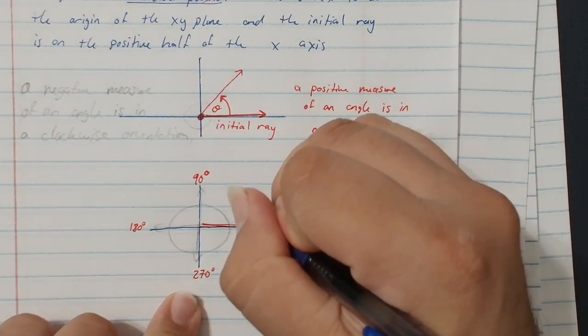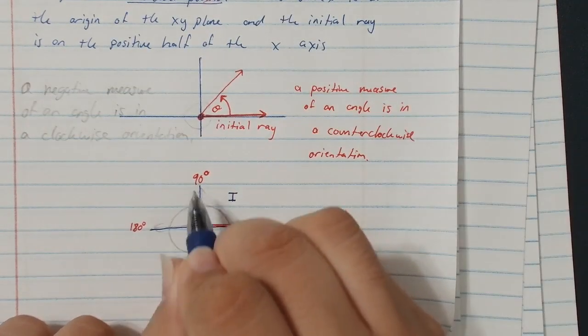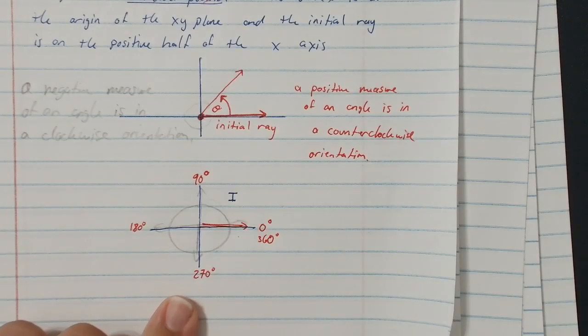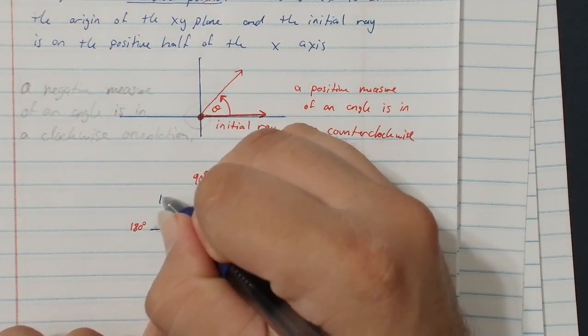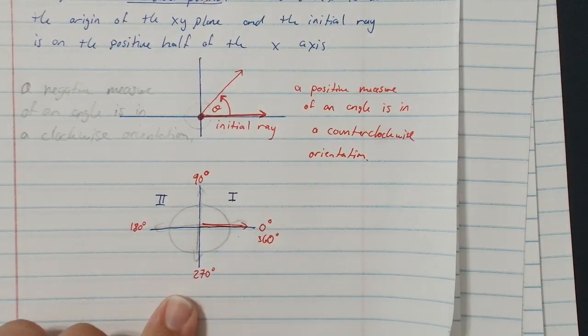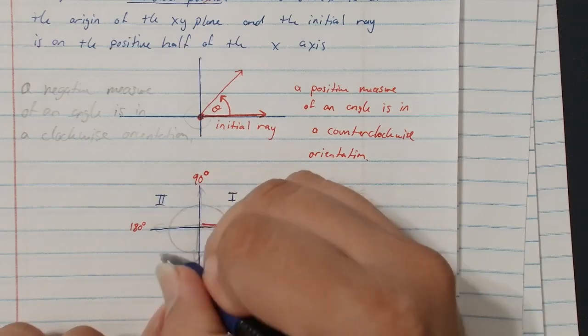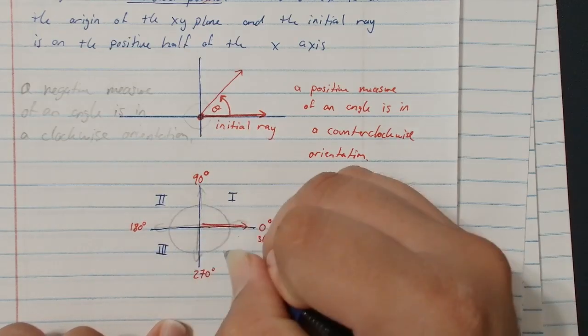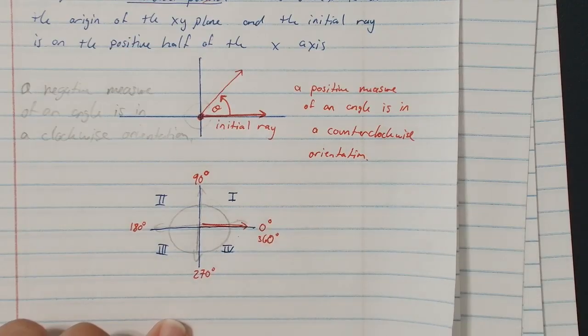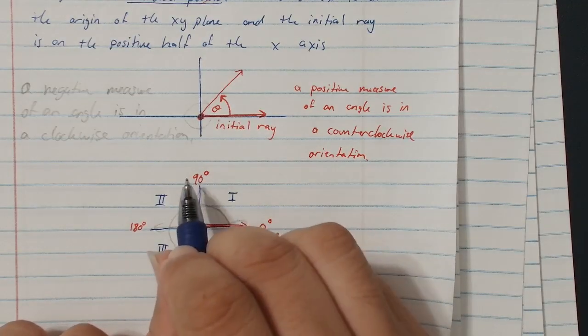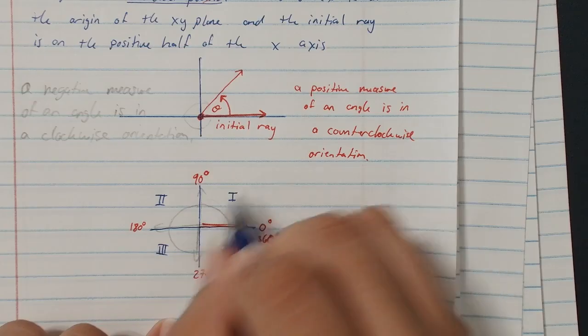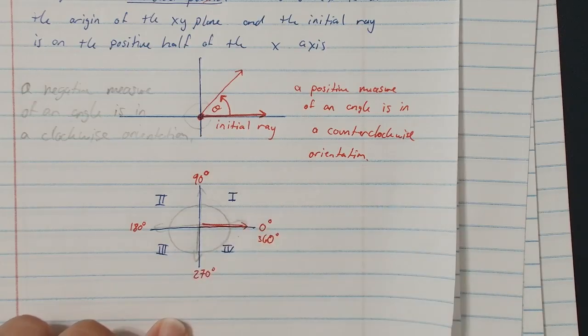But remember, these quadrants contain everything in between those angles separated by 90 degrees. What that means is, depending on where the terminal ray of your angle lies, you get a range for what your angle could be. Meaning, if you have an angle that's between 0 degrees and 90 degrees, you know that the terminal ray is going to be in the first quadrant.